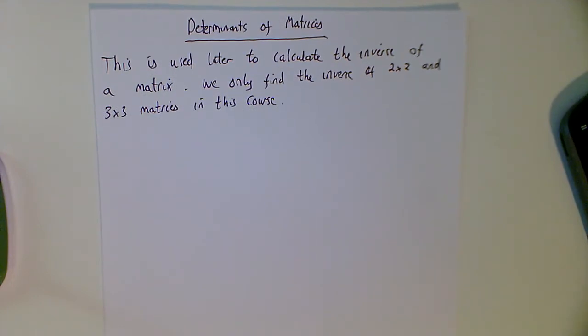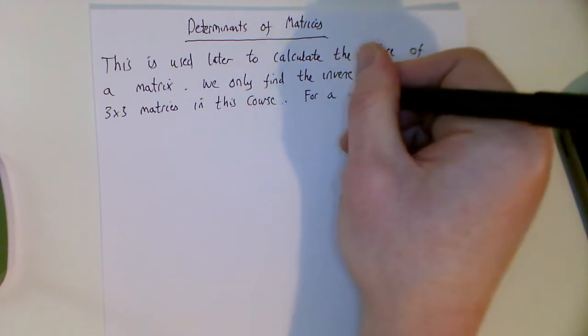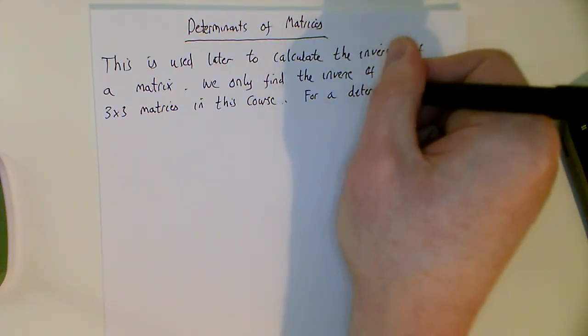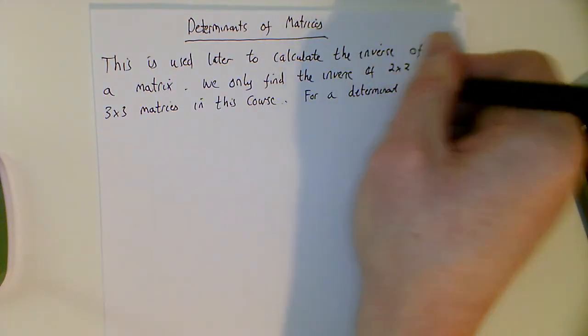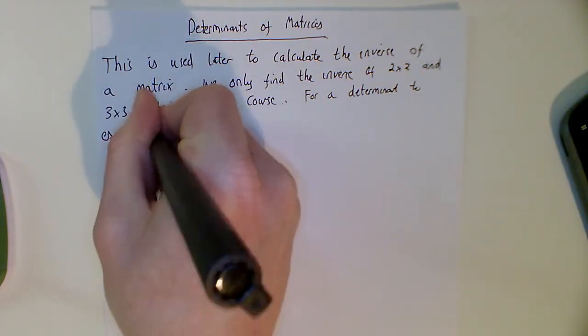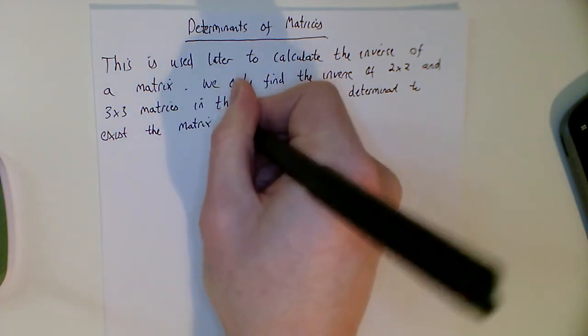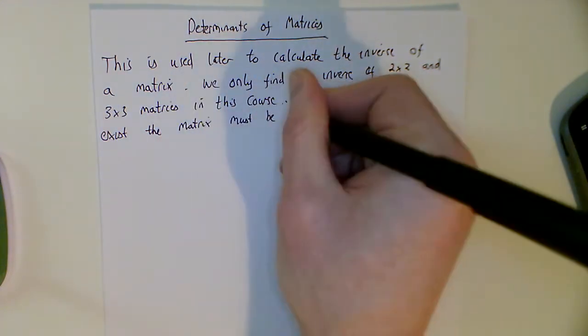Right? And for a determinant to exist, the matrix must be square.